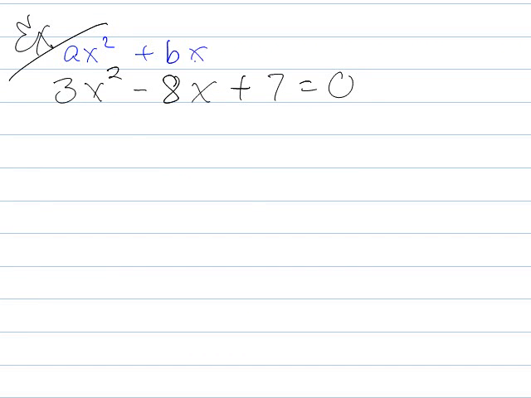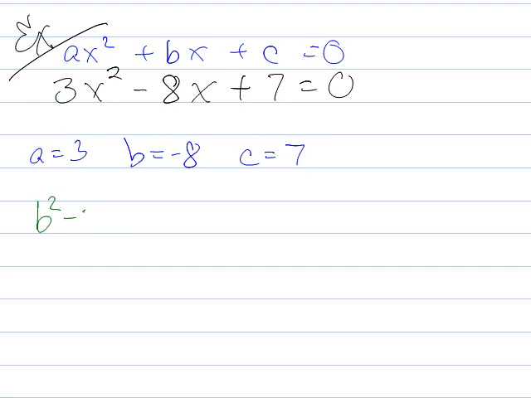So let's try 3x squared minus 8x plus 7 equals 0. Let's characterize that solution. ax squared plus bx plus c equals 0, so a equals 3, b equals negative 8, and c equals 7. So b squared minus 4ac is negative 8 squared minus 4 times a times c.